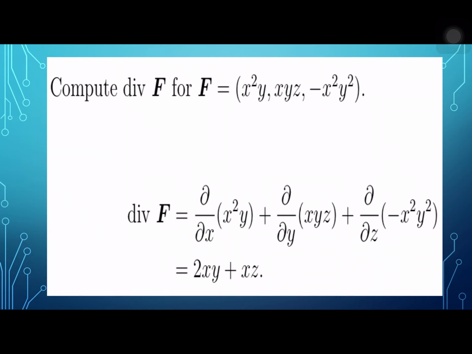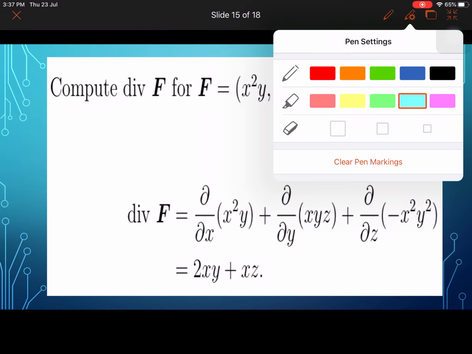So let us consider another problem. I just want to solve another problem for you to better understand this divergence problem. So div of f, if f equals, here I am giving you this notation because it is used generally in some textbooks.